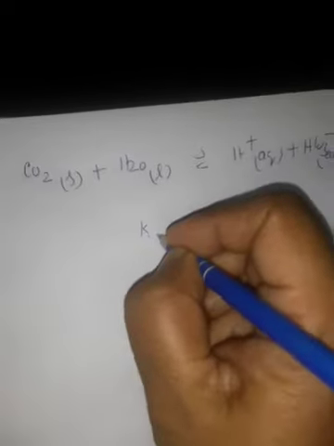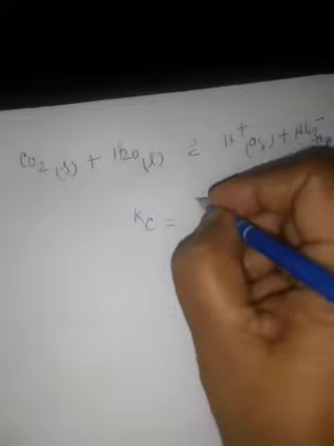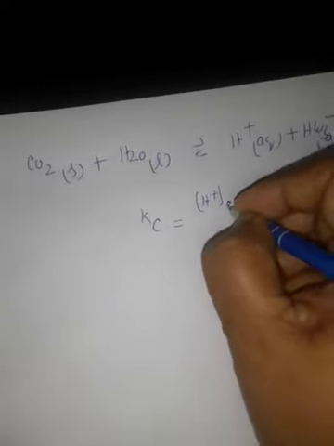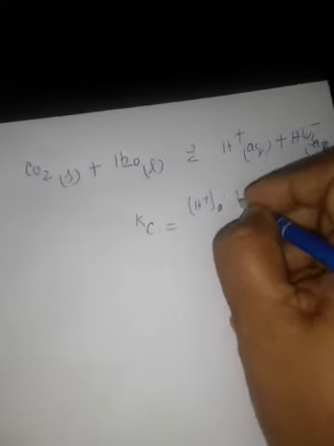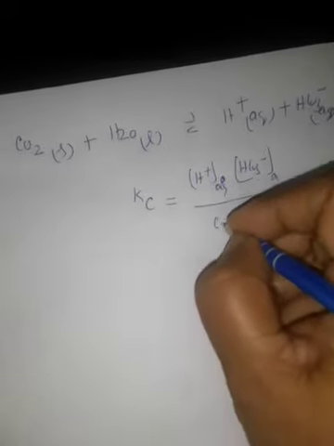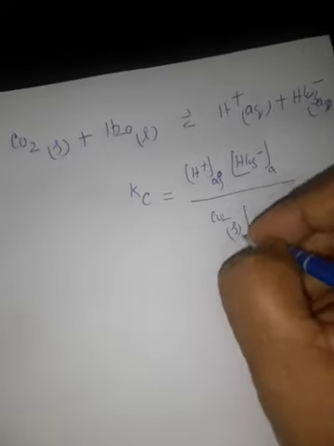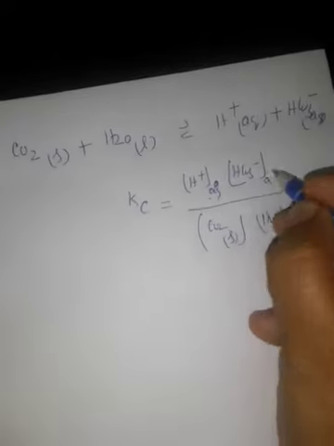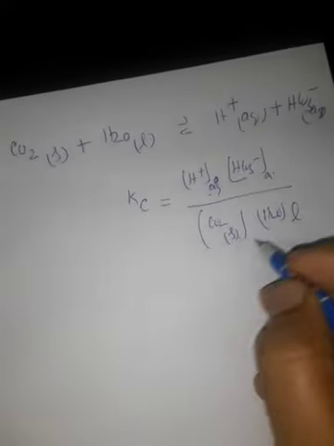Writing Kc for this reaction, Kc is equal to the concentration of H+, that is aqueous, into the concentration of HCO3-, both aqueous, by the concentration of CO2 gas and H2O liquid.